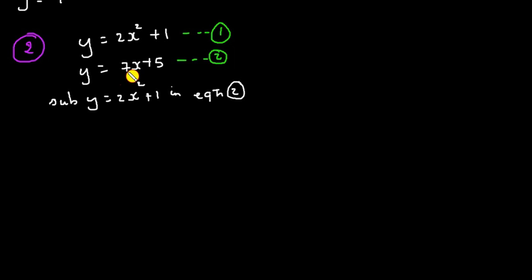So we write just that. Y is equal to 7x plus 5. Now in the space of this y, I'm going to write 2x squared plus 1. Let me go slowly. This is equation 2.